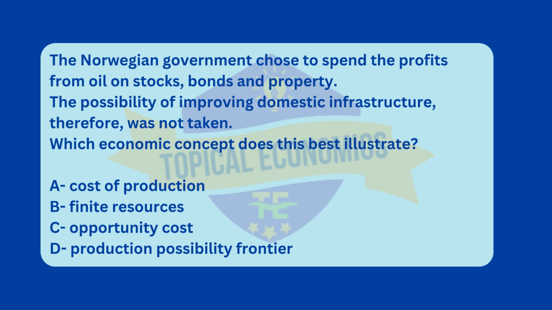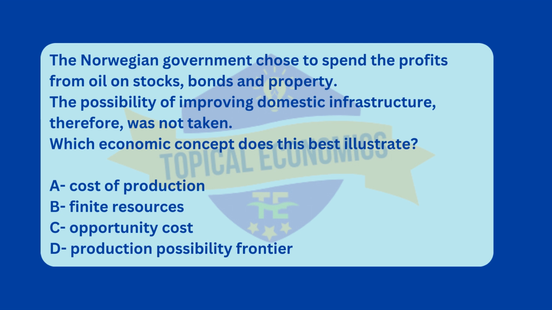By doing so, they did not invest in improving domestic infrastructure. The opportunity cost here is the foregone improvement in infrastructure, the value of what could have been achieved by using those profits for infrastructure projects instead of financial investments. When a decision is made, the opportunity cost is the value of the alternative option that is not chosen, and in this case, it's the lost potential to improve infrastructure.